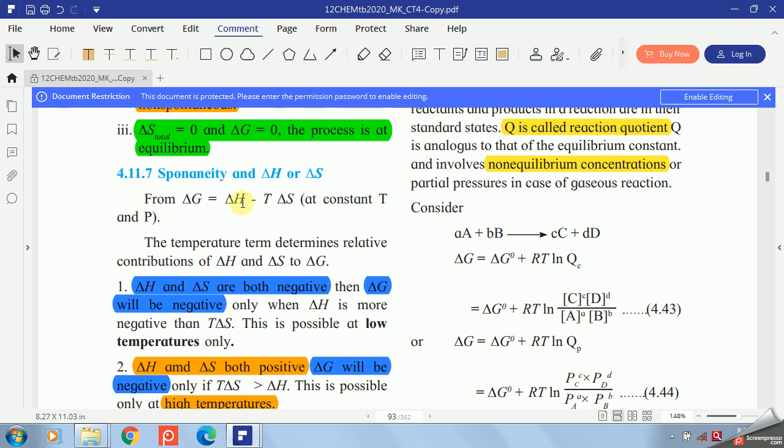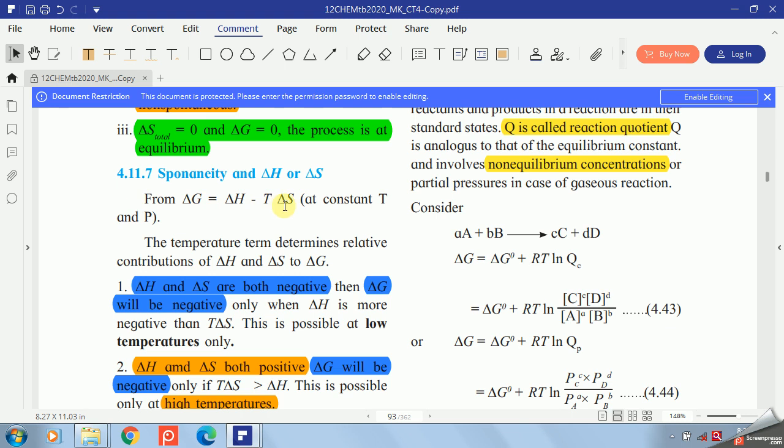First case: if delta H and delta S both are negative, and if the T delta S value is smaller than delta H, then delta G is positive.